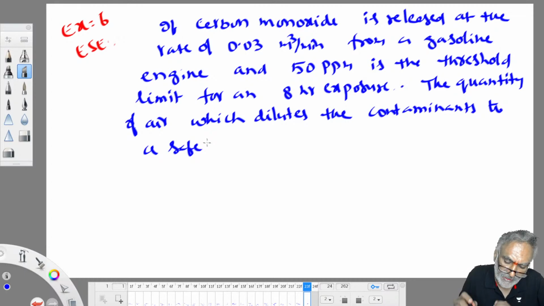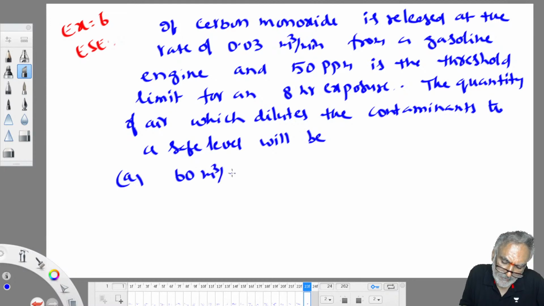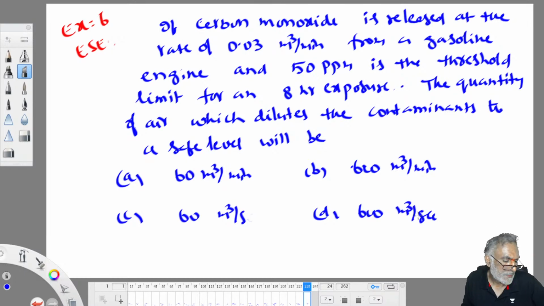How much air will be required to keep that threshold limit? Options given are A, 60 cubic meter per minute, B, 600 cubic meter per minute, C, 60 meter cube per second, and D, 600 meter cube per second. So this is in meter cube per minute only. Come on, work out.